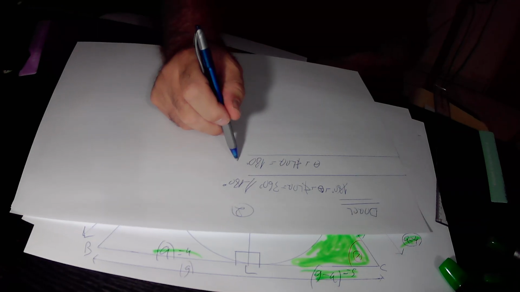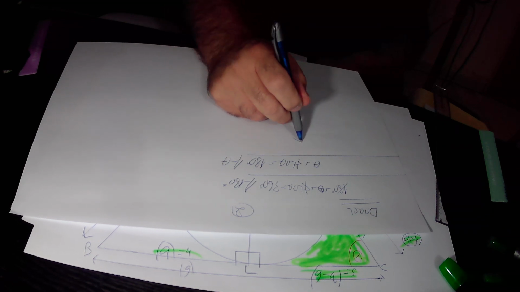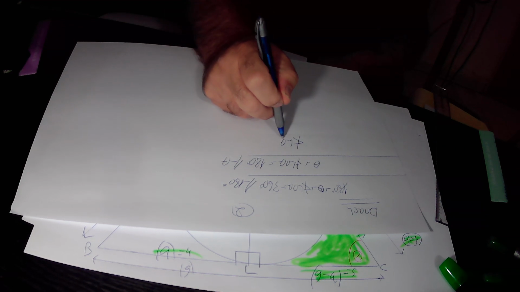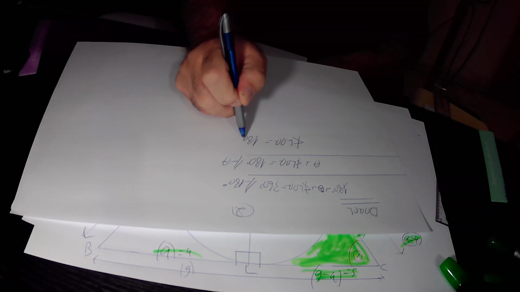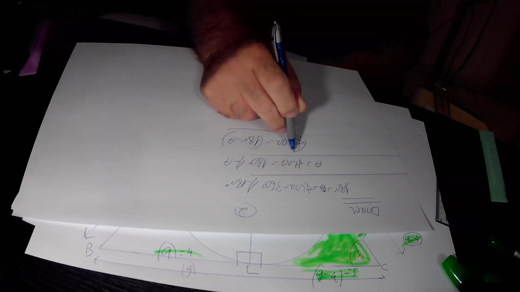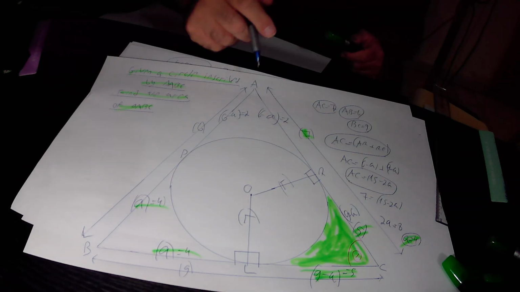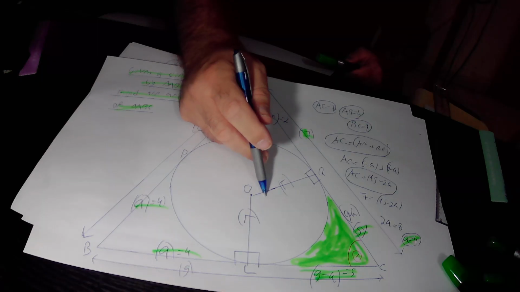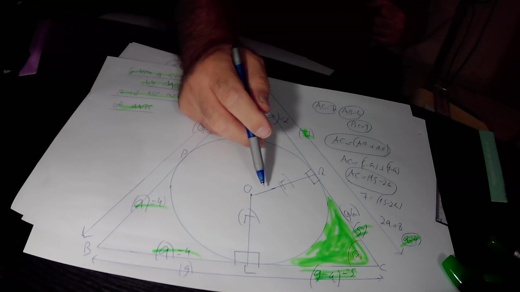Here we subtract theta from this equation, and finally we get that the missing angle LOQ is equal to 180 degrees minus theta. Okay, again, the missing angle LOQ equals 180 degrees minus theta in its size.